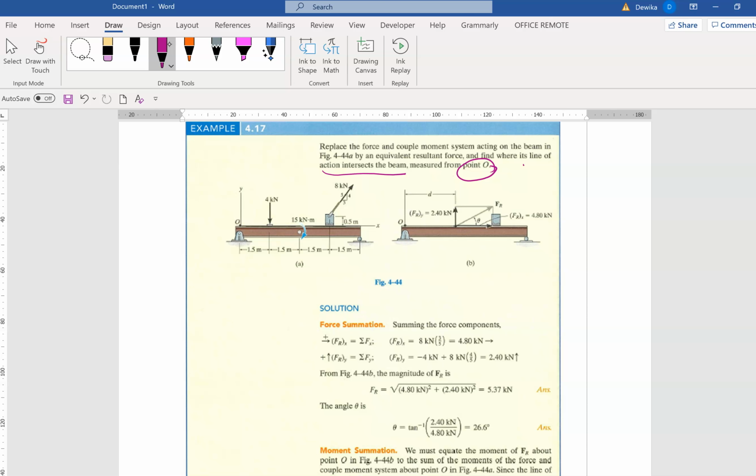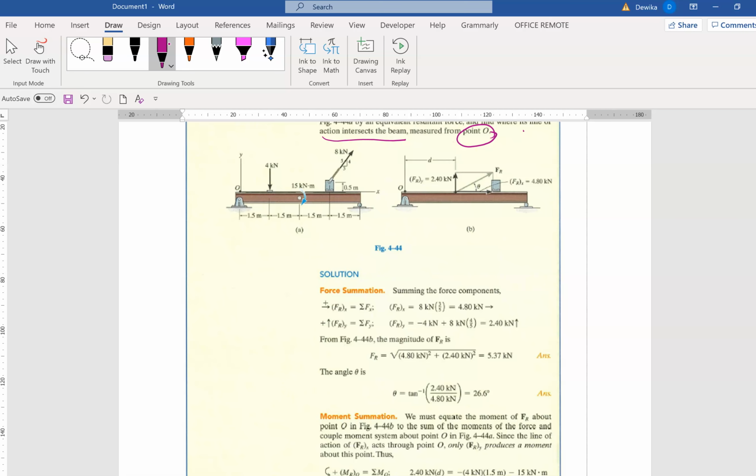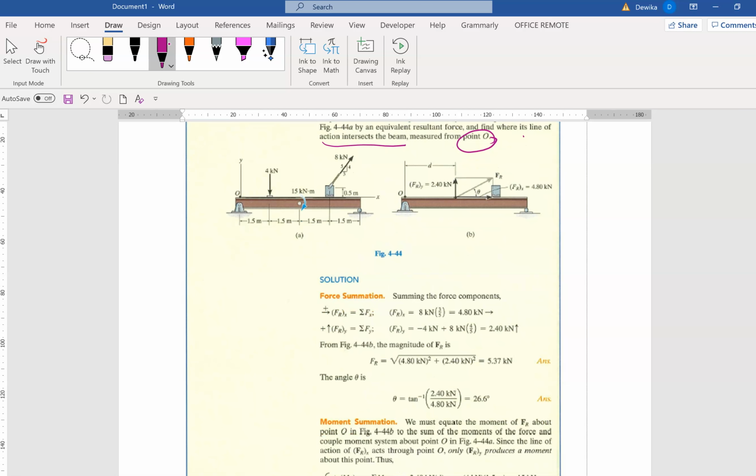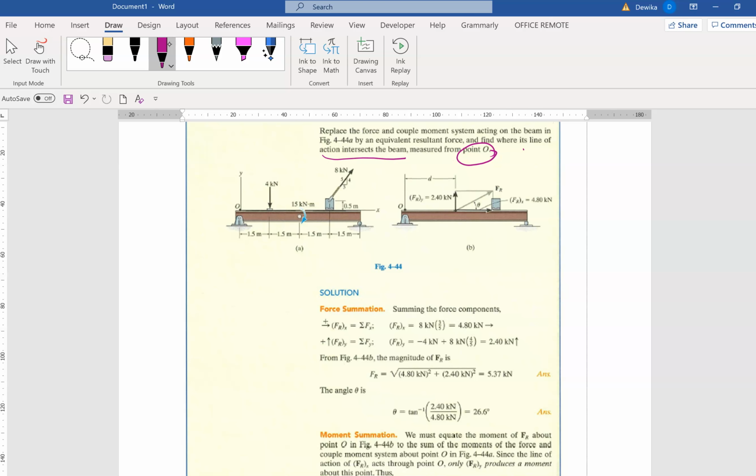So now we're going to shift everything to point O. No, actually we are not shifting it to point O. We are shifting it to a common point which we do not know the distance from O. So we're going to find that.